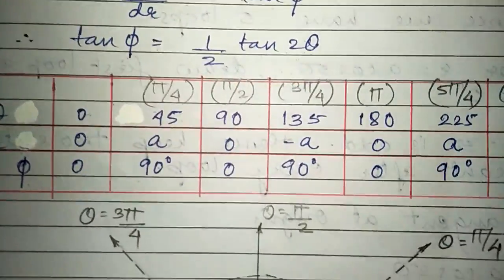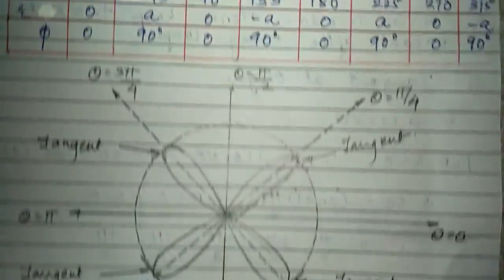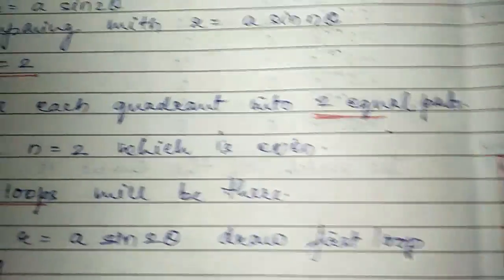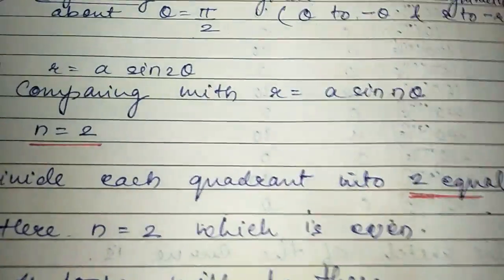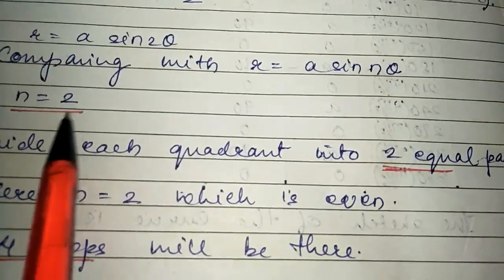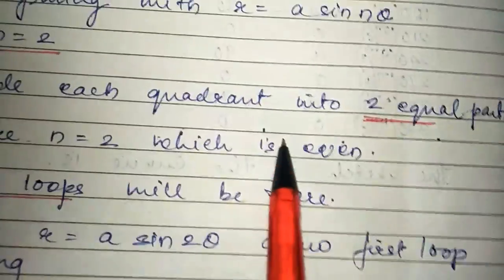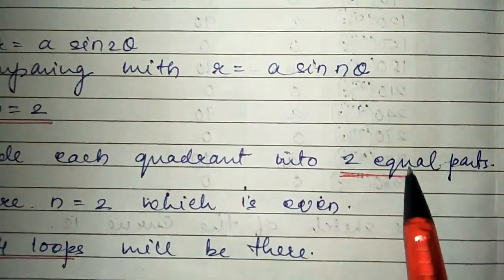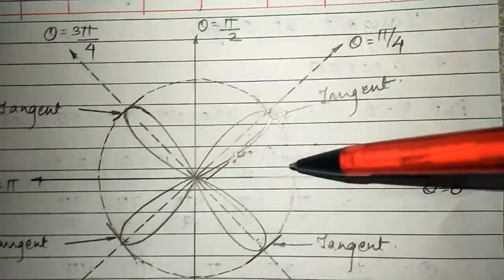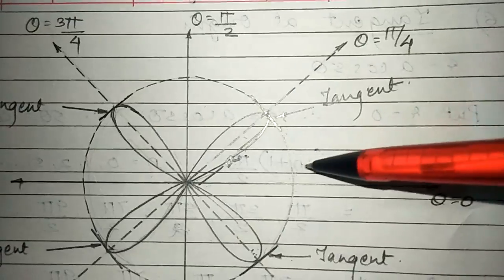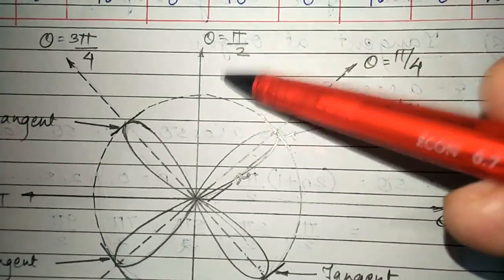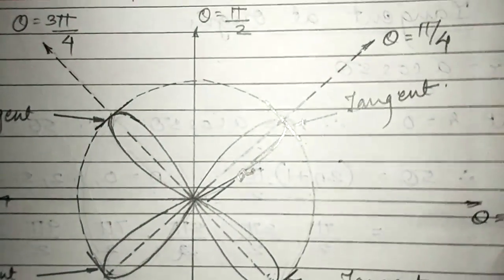And now we'll see how to trace the curve. The first factor: n is 2, and hence we'll divide each quadrant into 2 equal parts. If we take the first quadrant, it ranges from θ = 0 to θ = π/2.